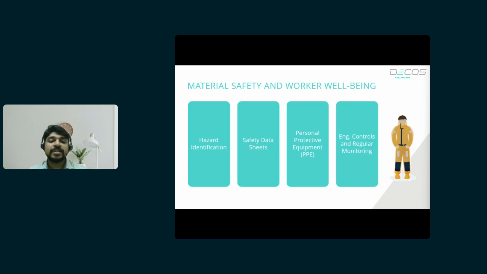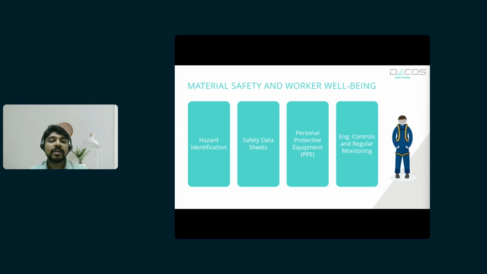The next is engineering control and regular monitoring: implementing engineering controls wherever or whenever possible to minimize workers' exposure to hazardous materials. This might involve ventilation systems, dust suppression systems, or contaminant enclosures.